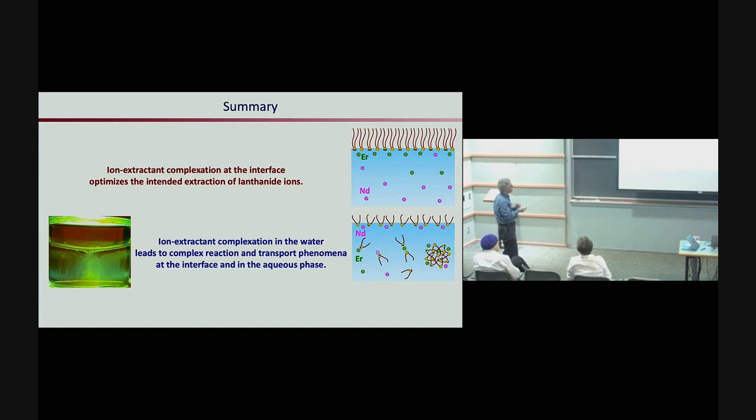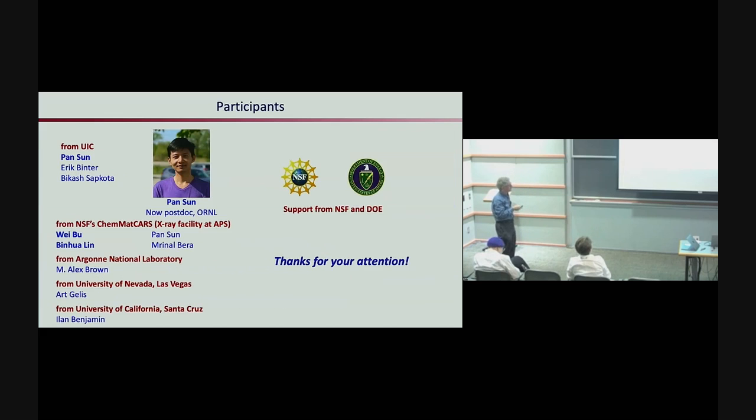Yeah, I don't know if you remember the movie, but you can see them rotating. Yeah. So just remembering the people who did the work. This work was really done largely by a postdoc of mine, Pan Sun, who is now a postdoc at Oak Ridge National Lab, very talented and creative guy.